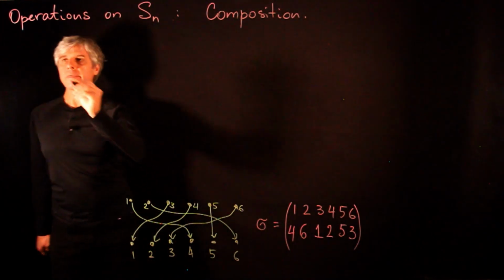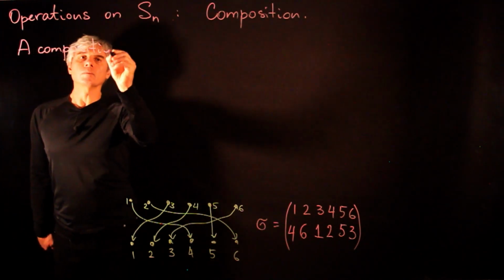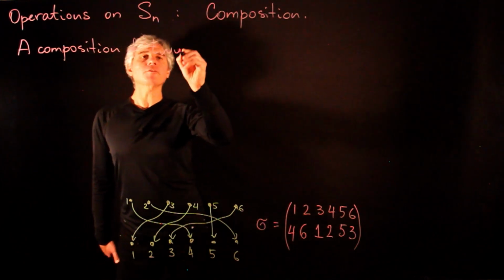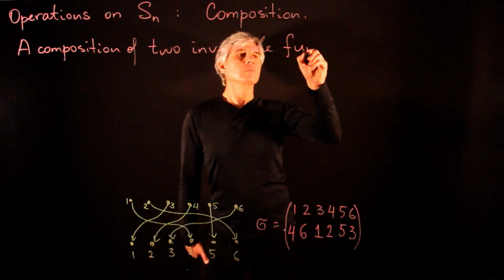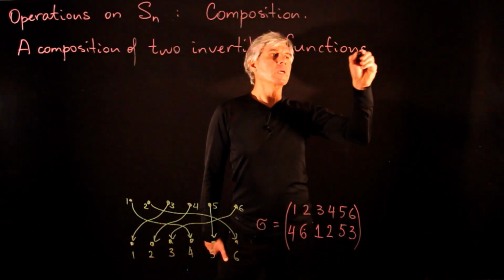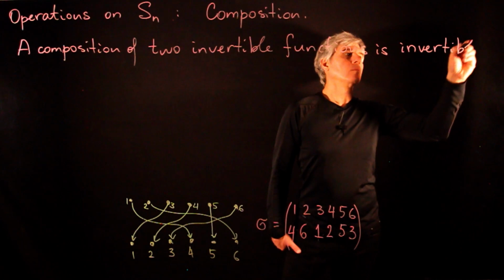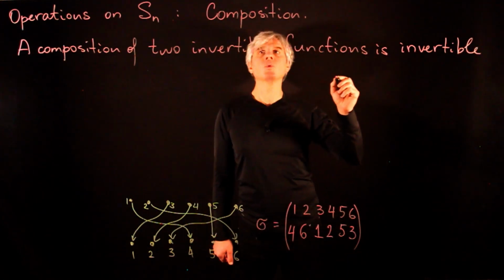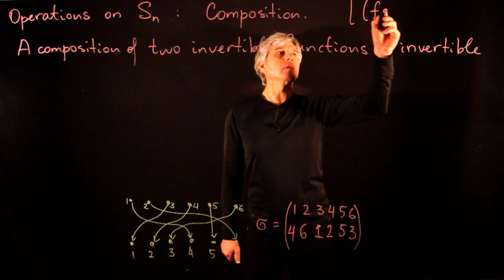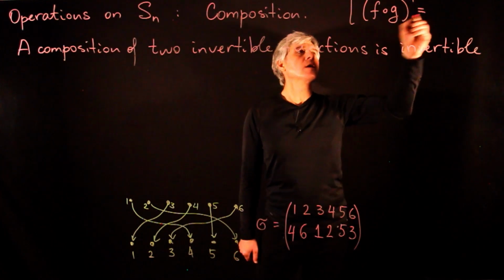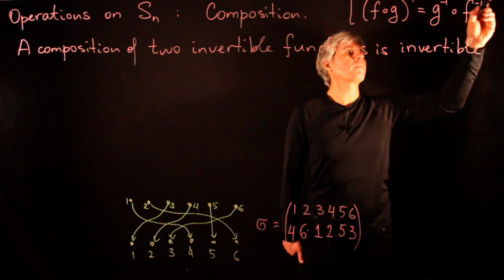And we recall that a composition of two invertible functions is invertible. So this is simply true because we have an explicit formula for the inverse of the composition. So if we have two invertible functions, then the inverse of their composition is G inverse composition with F inverse.